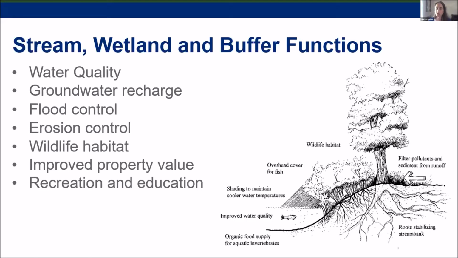Groundwater recharge: if we can get the water going into the ground, it will actually support base flow in streams. A lot of water that comes up when we have drought times is from that groundwater. Flood control: in a million different places all over the watershed, we make a difference to flood control.